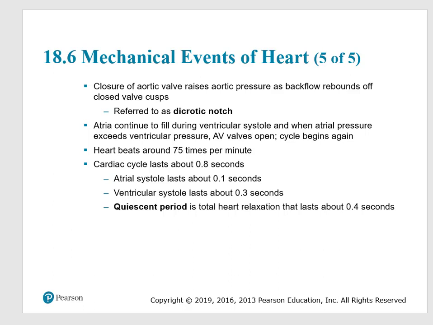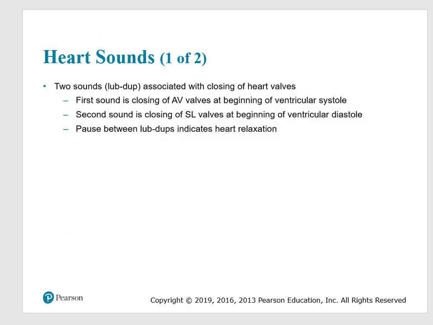So the contraction itself is only 0.4 seconds. The rest, 0.4 seconds of your cardiac cycle, the heart spends in relaxing mode, the quiescent period, where it's just basically relaxing.